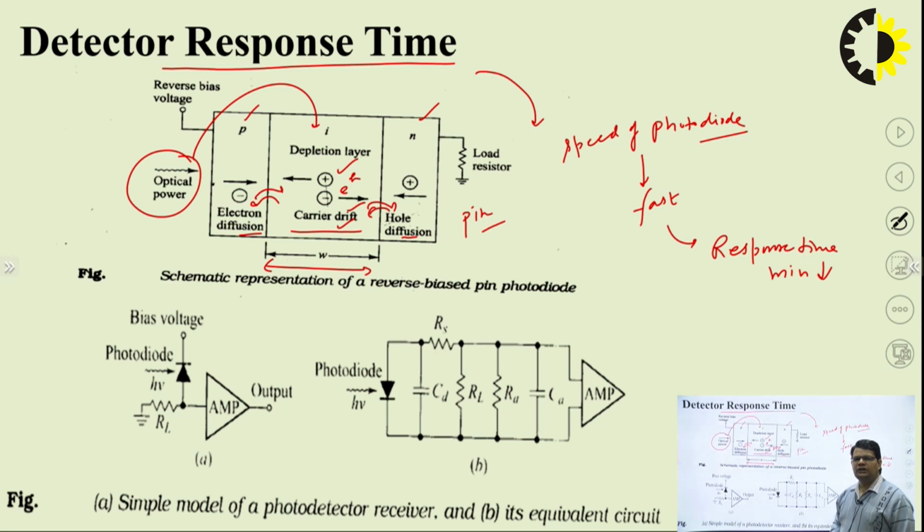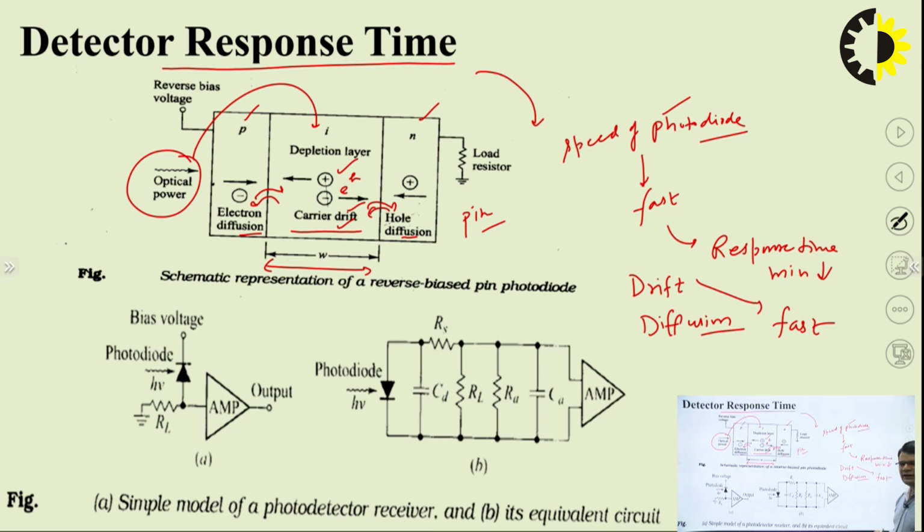So there are two factors which contribute to the photocurrent IP, for the case of speed of photodiode. One is drift, another is diffusion. Drift is under the influence of electric field, so drift is a comparatively fast mechanism, whereas diffusion is a random process and it is comparatively slow.